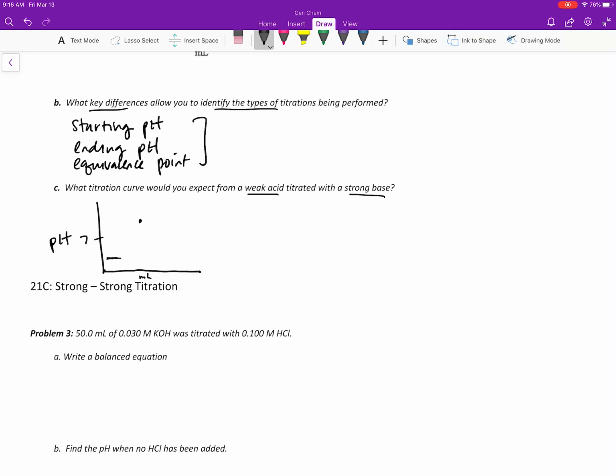Let's actually try to make my equivalence point correct. Okay, so it would look something like that.